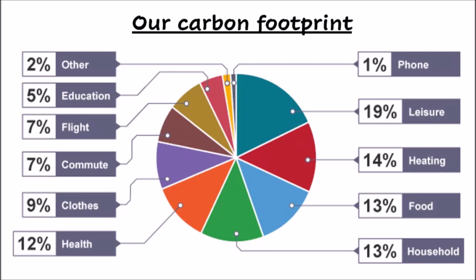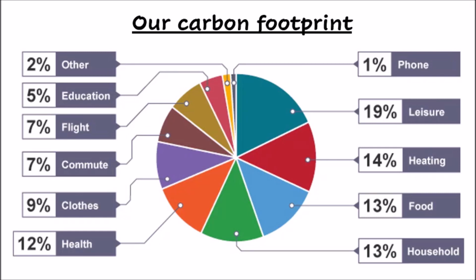So for example, the phone and the charging of the phone, there's around 7% relating to flights or commuting, which is going to work or to school every day and back. 9% comes from clothes, so where they were made, how they got here, if there were any machines used to make them. 12% also goes to health, so anything to do with hospital, with medication, any medication we take, how it got here, what was used to make the medication, how the medication was produced, if electricity was needed to test out the medication.